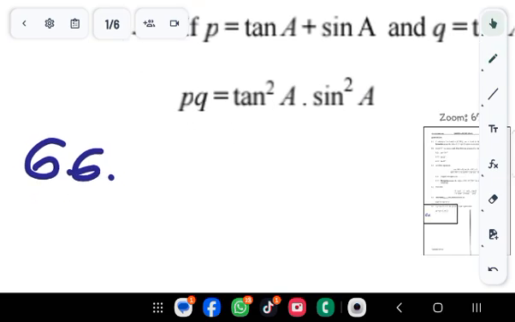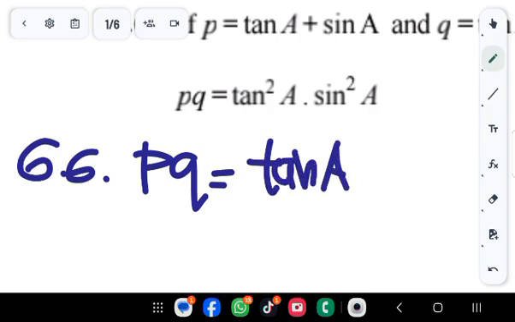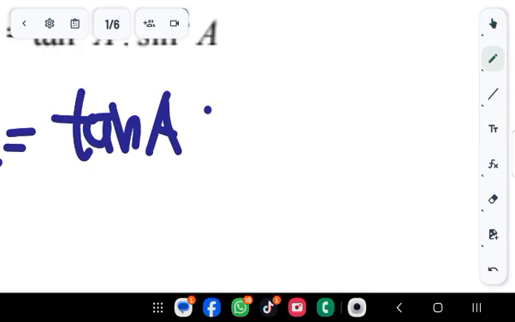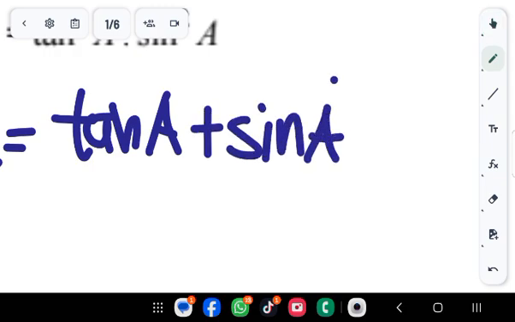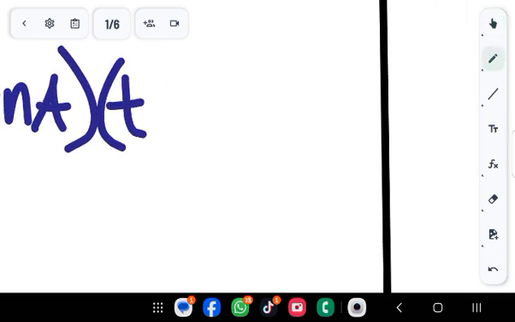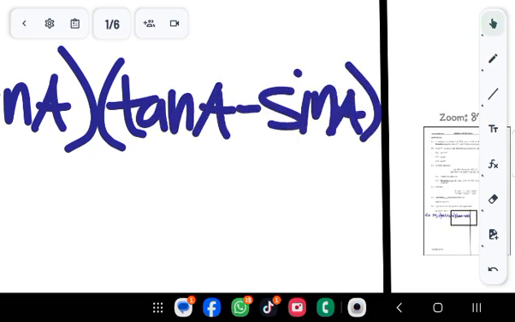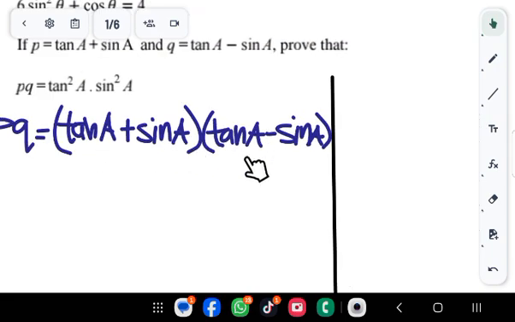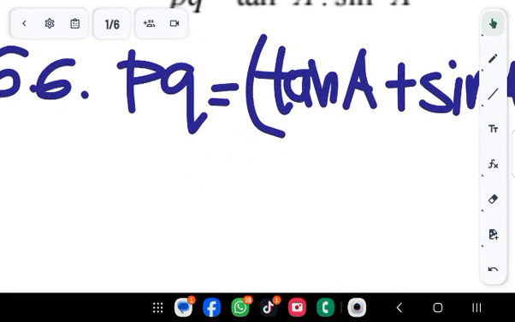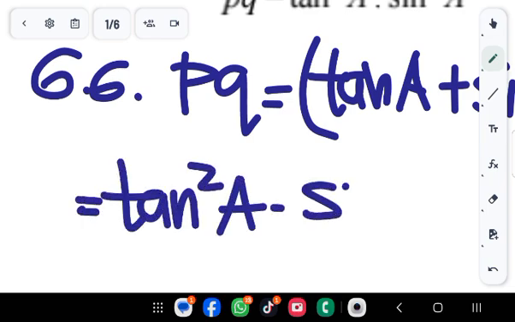PQ will be equal to tan A plus sine A times tan A minus sine A, and this is a difference of two squares, so that leaves us with tan squared A minus sine squared A.